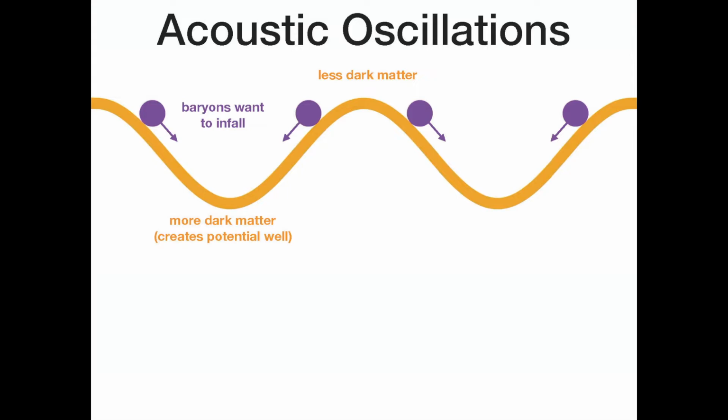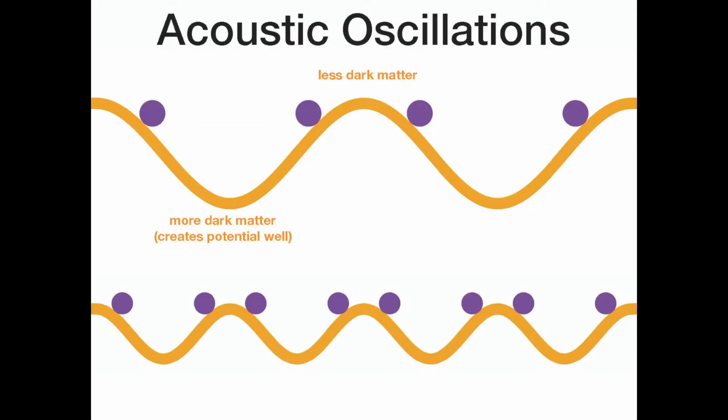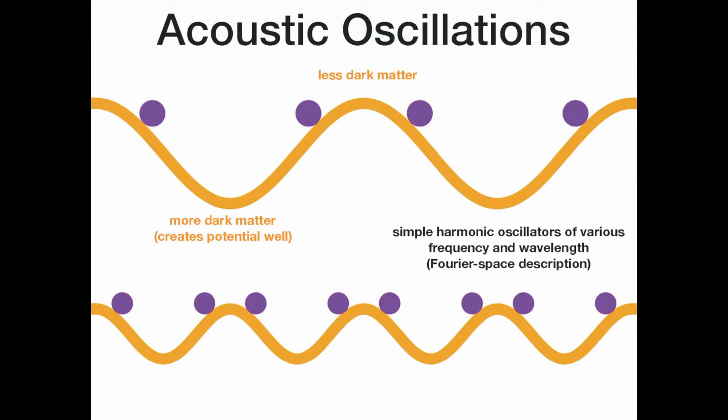Of course, pre-recombination, there's a bunch of radiation as well, so that radiation is going to create a pressure and want to push them out. So this system can be on lots of different scales with lots of different frequencies, and what you end up with is a system of harmonic oscillators where you just get this infall and pushing back out of the baryons in and out of this potential well.